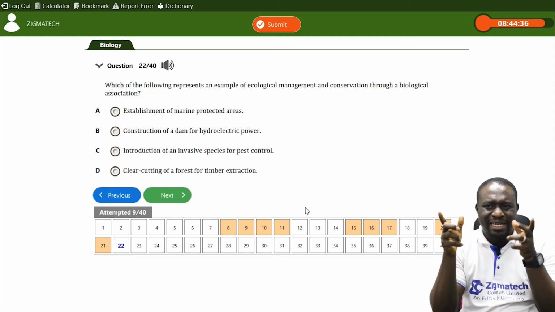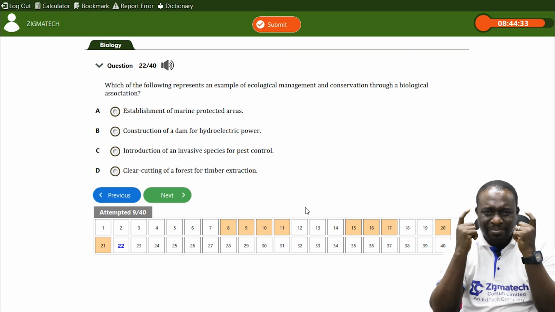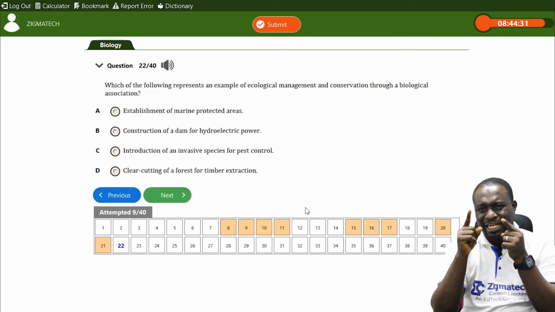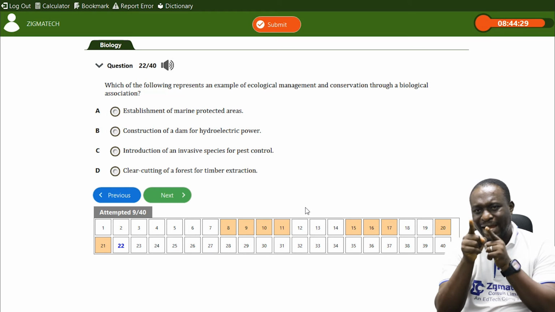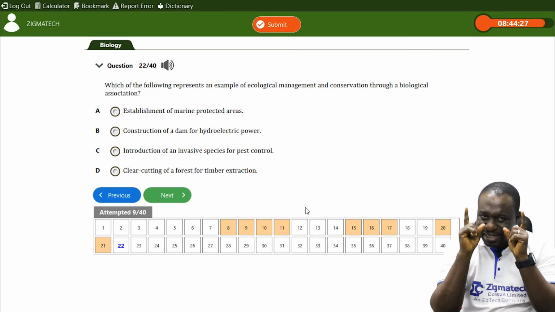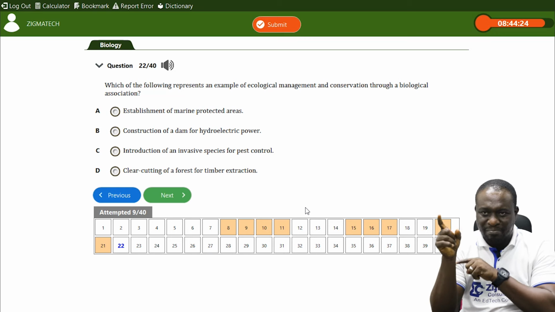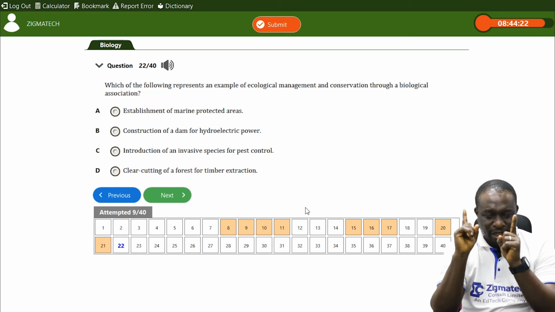Preserving things in the ecosystem. If you have this understanding, it will give you your right answer. That is, you are preserving the ecosystem. Take note.